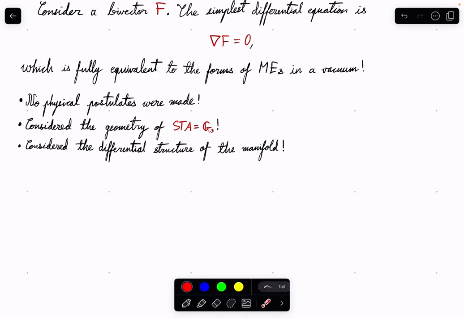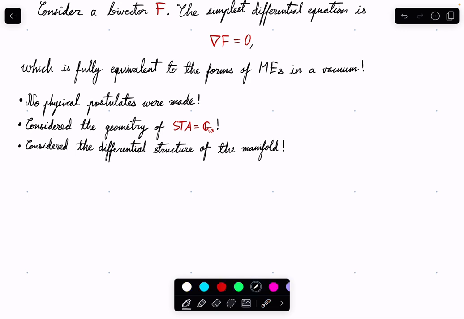So basically, all we did is look at the geometry of this algebra and then take this algebra and impose it on a manifold, and it turns out that just the interaction between the differential structure and the geometry of this algebra naturally gives an equation that is the exact same form as Maxwell's equations in a vacuum.